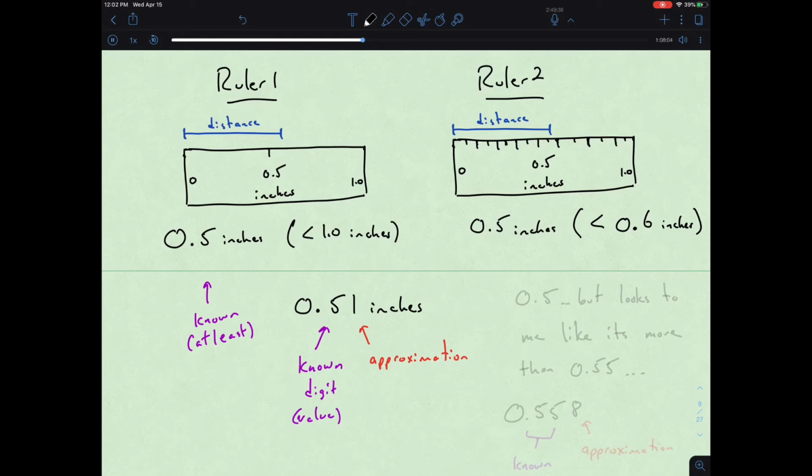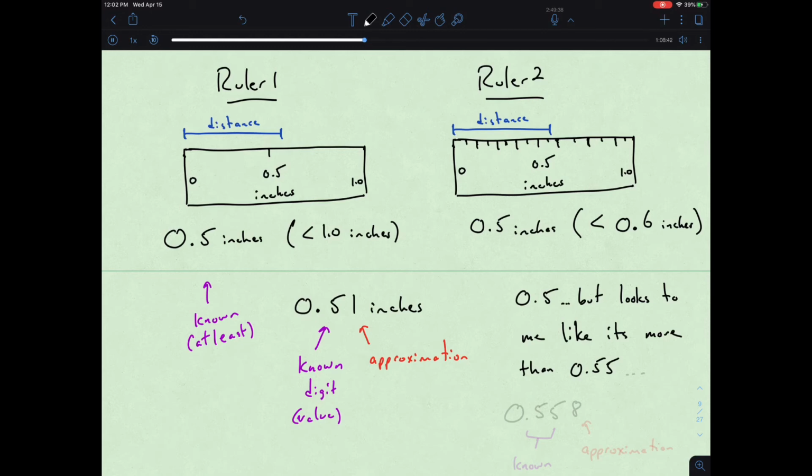So if I come down, I could say, well, I know that it's 0.5, but it looks to me like it's more than 0.55.